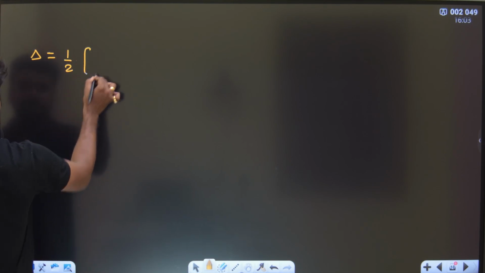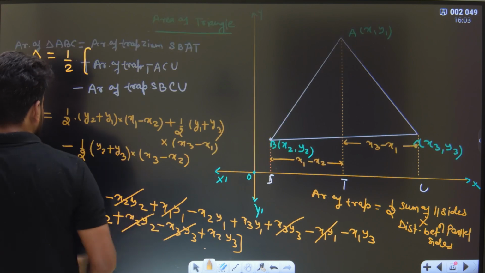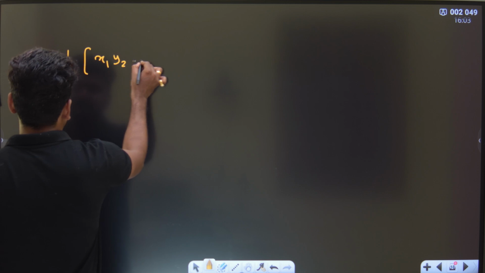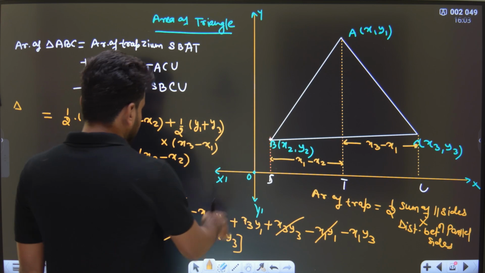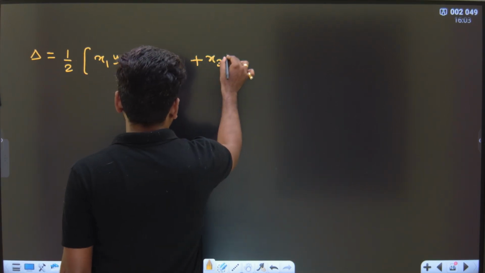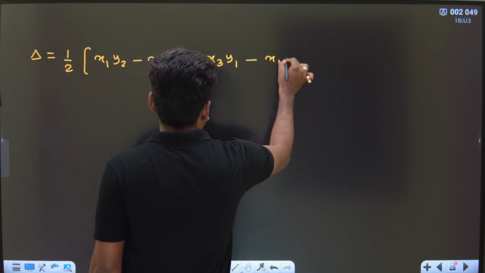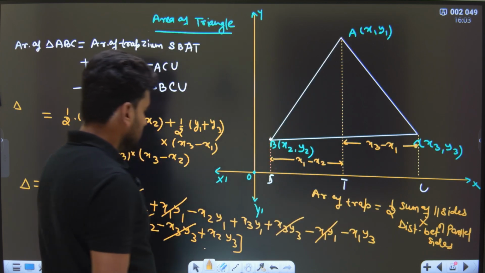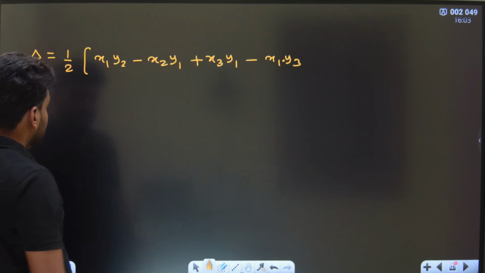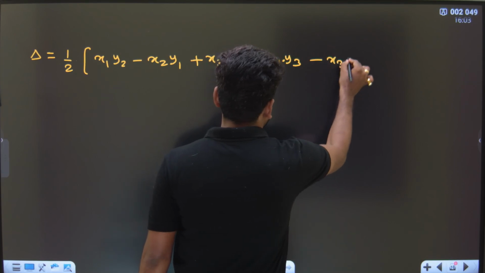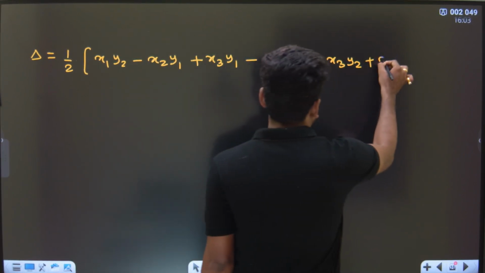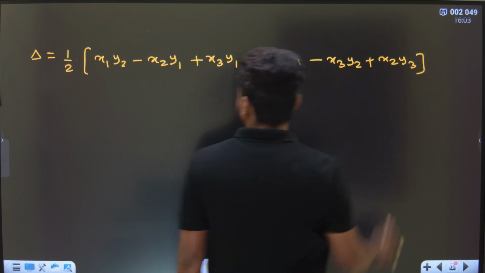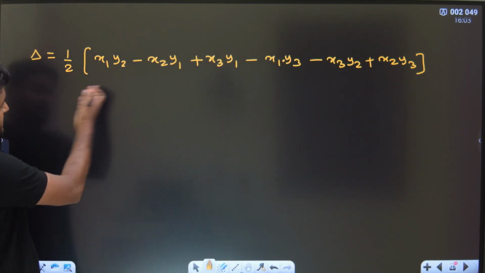This triangle equals 1 by 2 into x1 y2 minus x2 y1, and then x3 y1 minus x1 y3, and then x3 y2 minus x3 y2 and plus x2 y3. So finally we are getting the area of triangle.